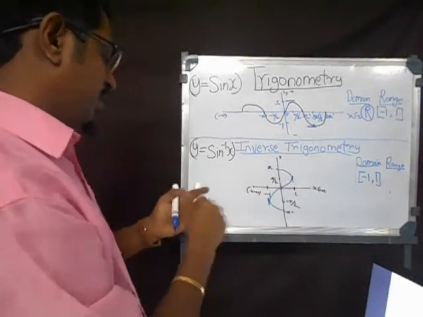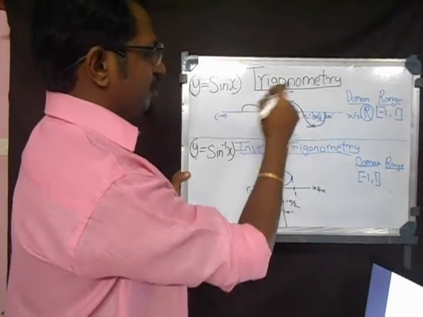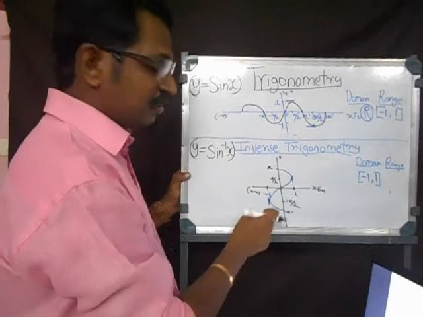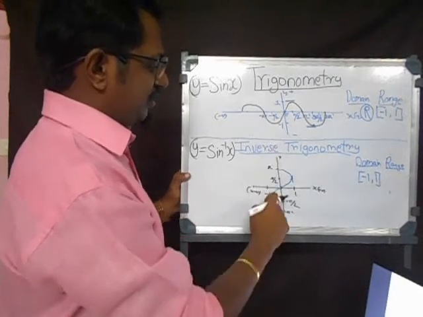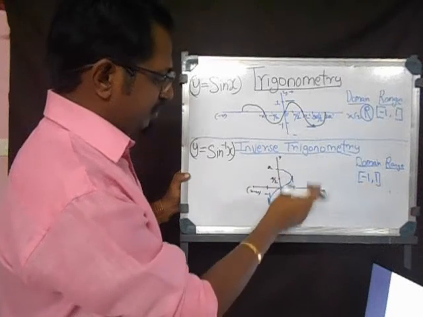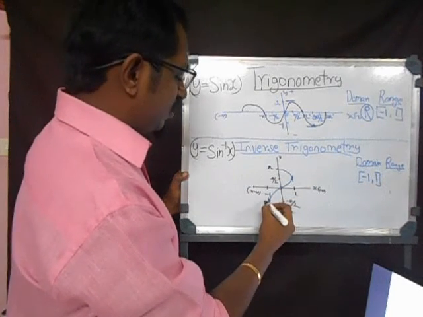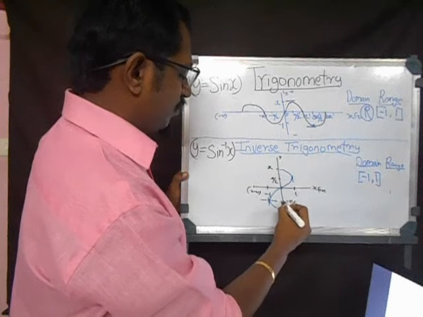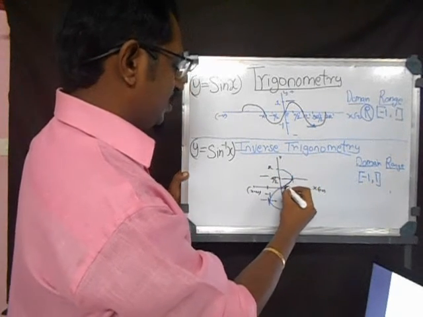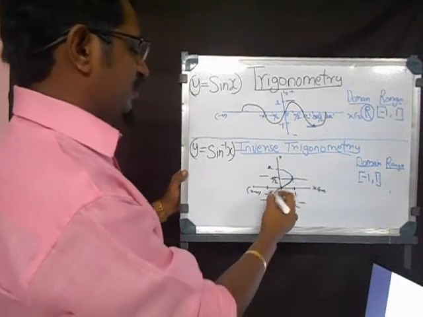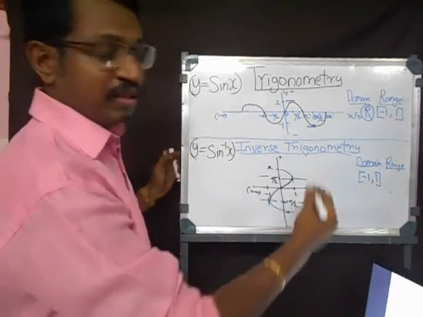But this time you have to consider that what was on the x-axis in trigonometry is now on the y-axis. The radians are on the y-axis, and the y-axis becomes the x-axis here. Everything is reversed. The values from minus pi by 2 to pi by 2 are called the range.